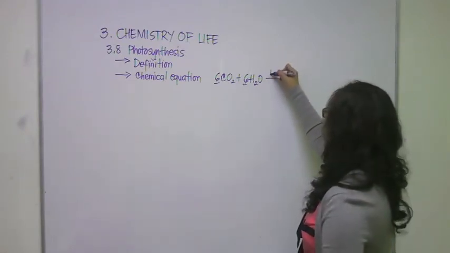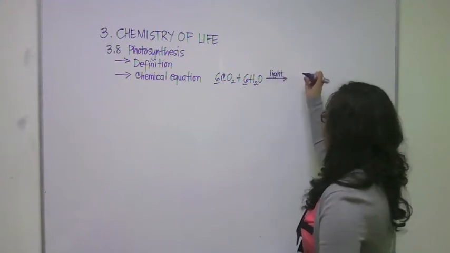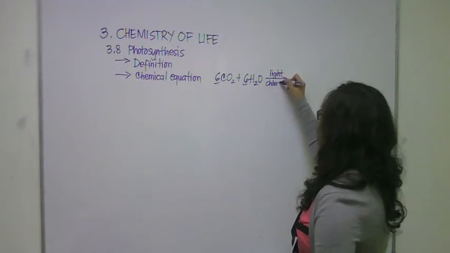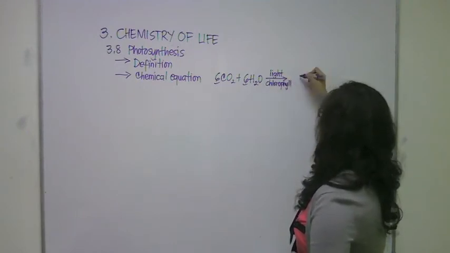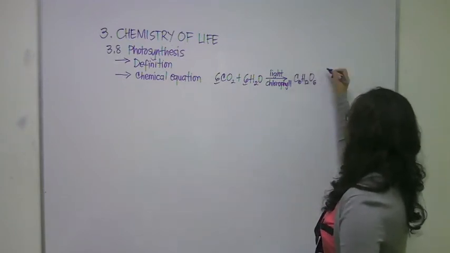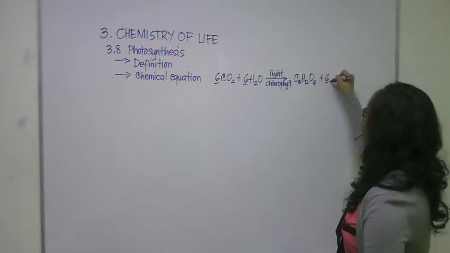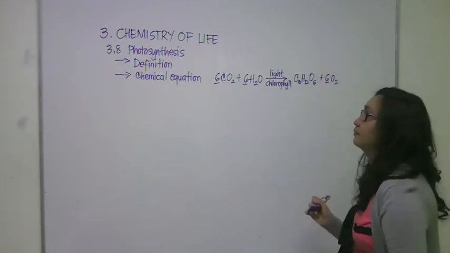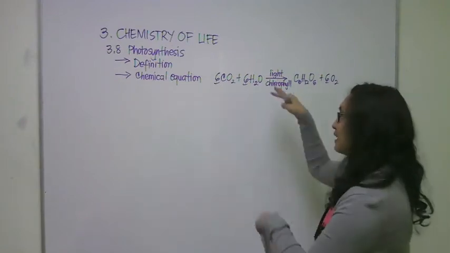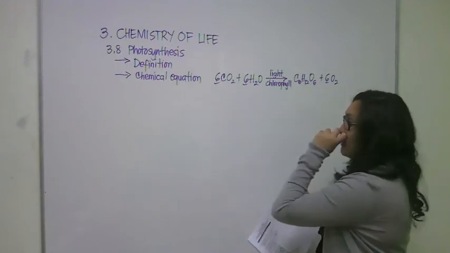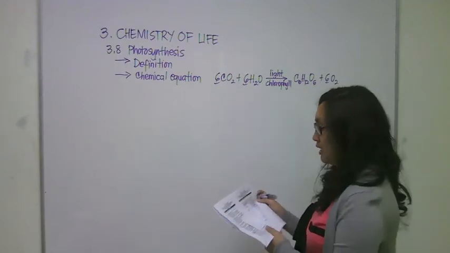Whenever the light energy is absorbed by the pigment chlorophyll, it is able to convert them into glucose and 6 molecules of oxygen. So it's basically the opposite of the equation of cellular respiration.